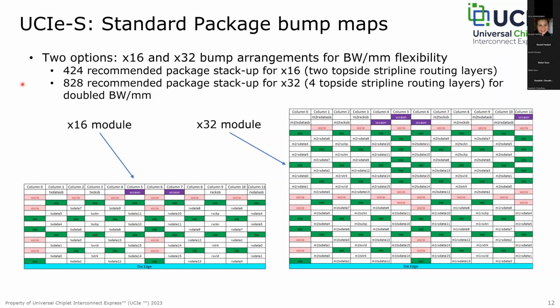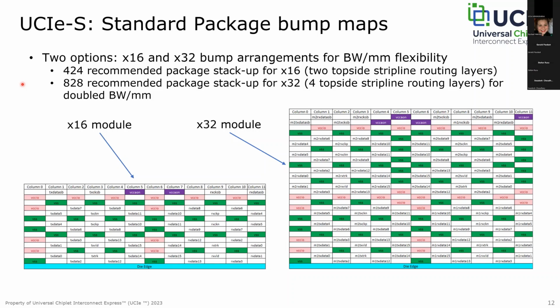One more note that I will just throw out here is if you take a look at the data rate support that we have, which is from 4 to 32 GT/s, that's an 8x difference. And then you have per millimeter of escape, either a single or a double stack or a x16 or x32 configuration that gives you another 2x bandwidth density increase.